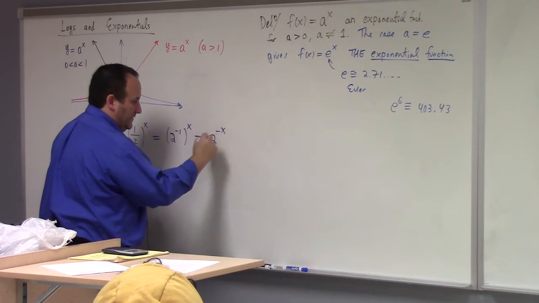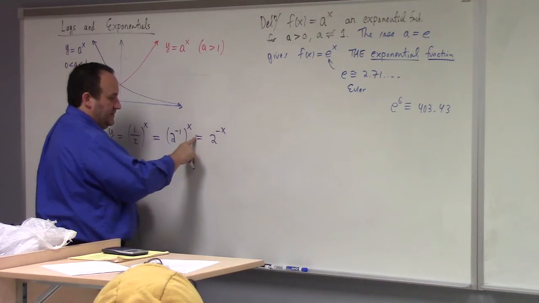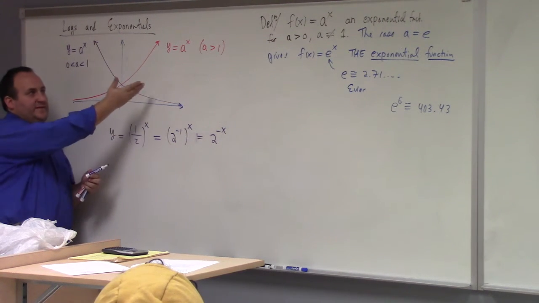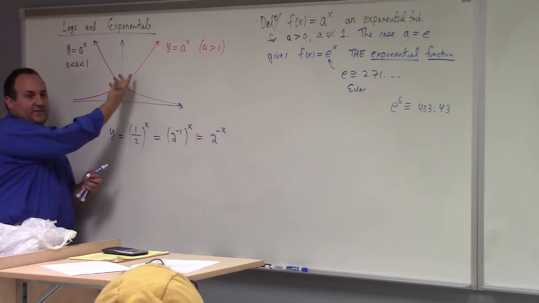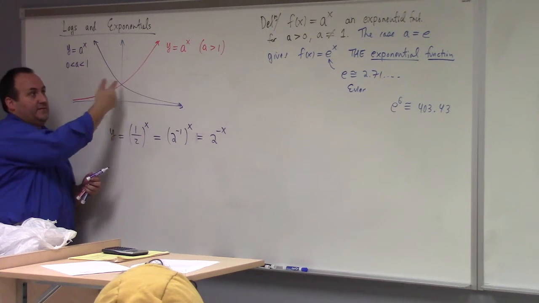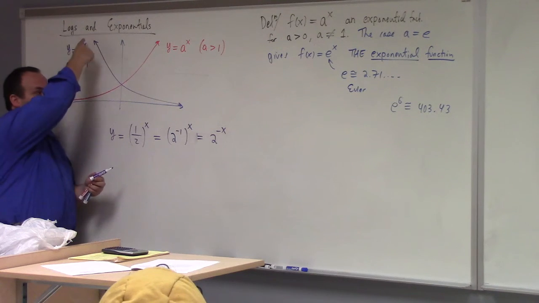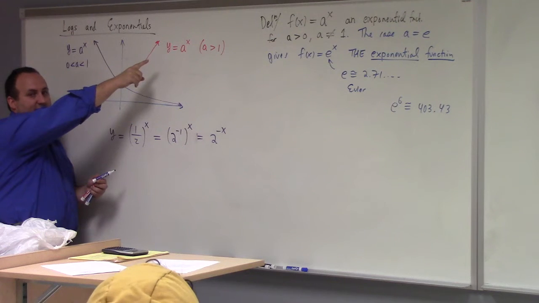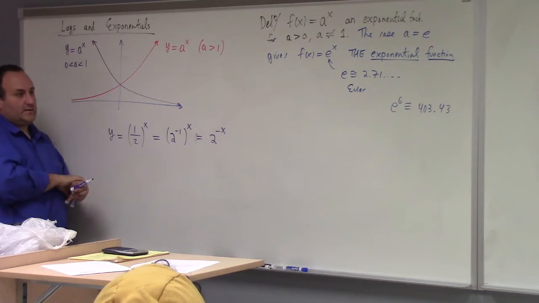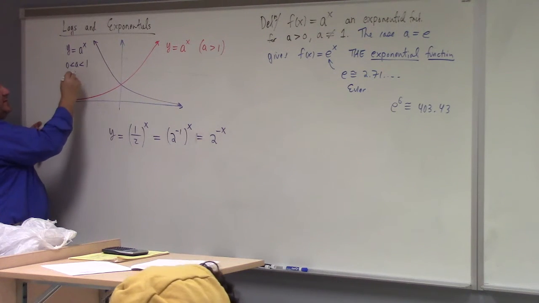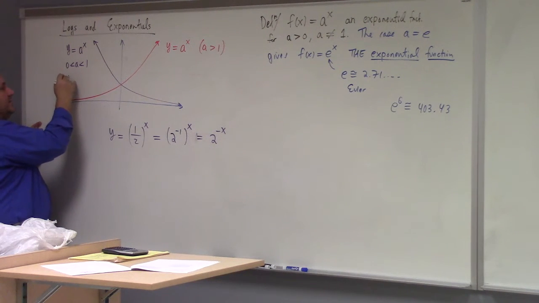So there's a natural way to understand the fractional bases: you're replacing x with minus x. So of course the graph is the reflection across the y-axis. That's why the fractional ones look like this, because they're just changing x to minus x in the other formula. So if 0 is less than a is less than 1, that makes 1 over a greater than 1.